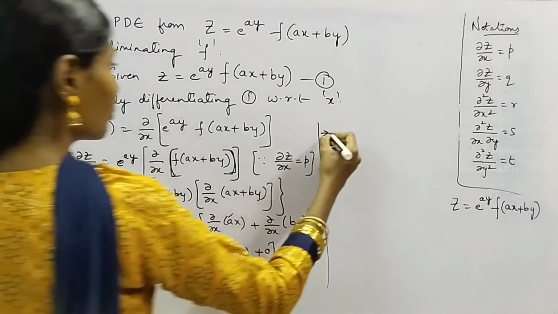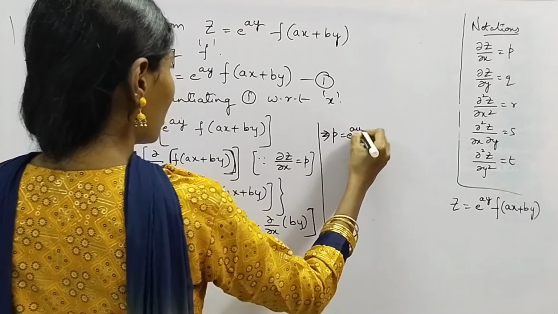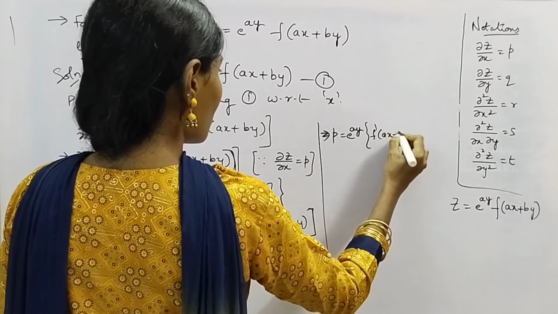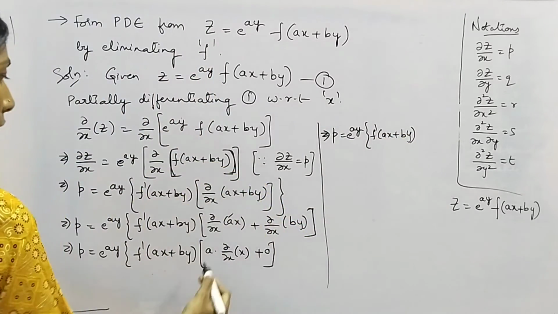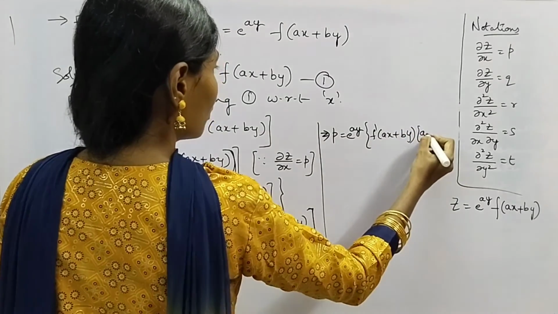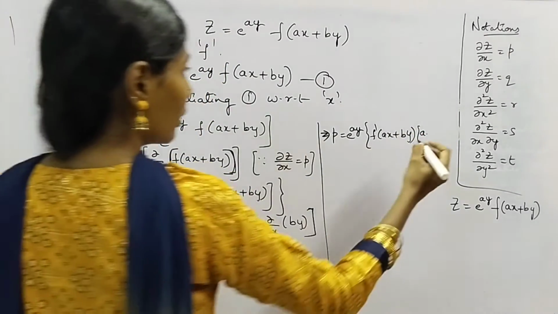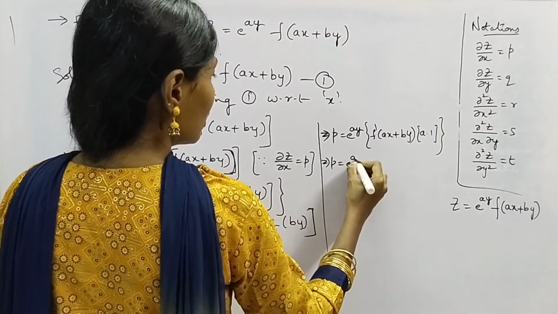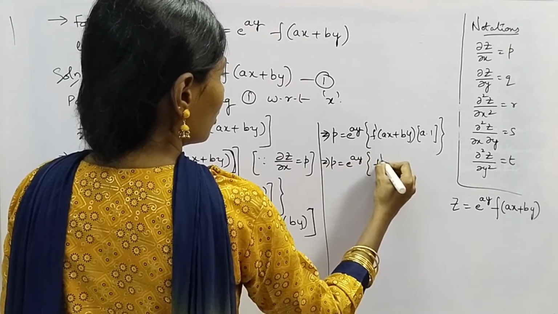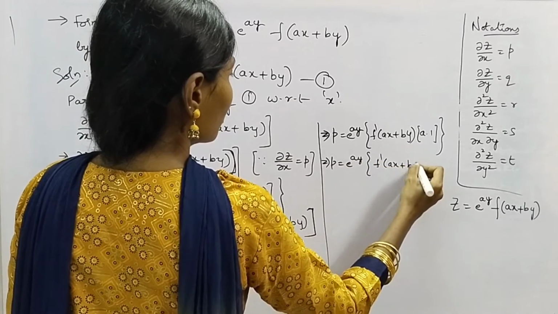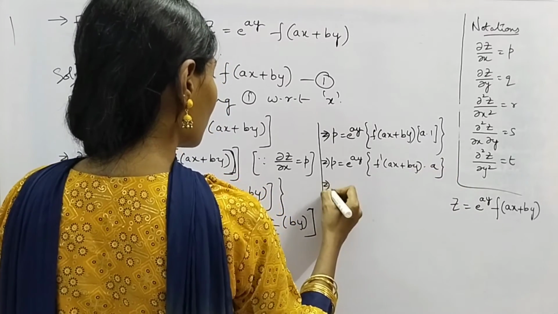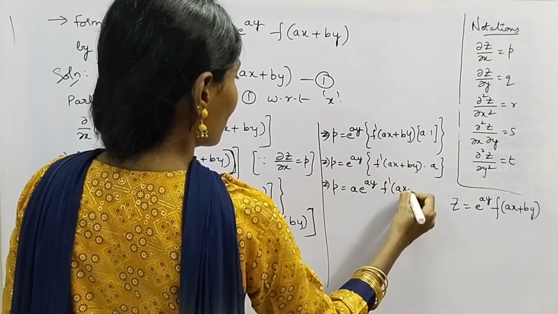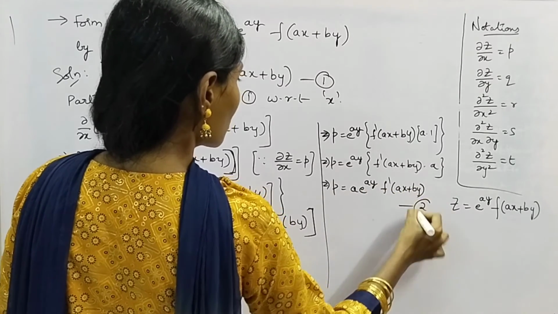This gives us p equal to e power ay into f dash of ax plus by into a into the partial derivative of x with respect to x, which is 1, a into 1, which is a. I'll get p equal to e power ay into f dash of ax plus by into a, or p equal to a into e power ay into f dash of ax plus by. Consider it as equation number 2.